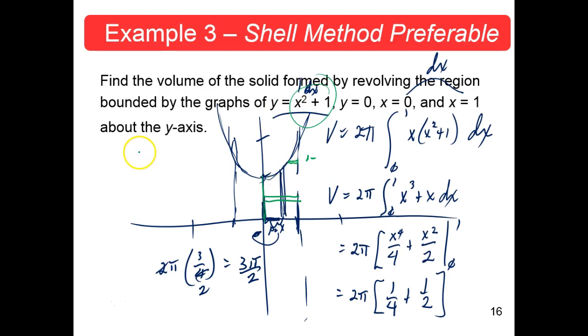So you do y is equal to x squared plus 1. Subtract 1 from both sides. y minus 1 is equal to x squared. So x is equal to the square root of y minus 1.